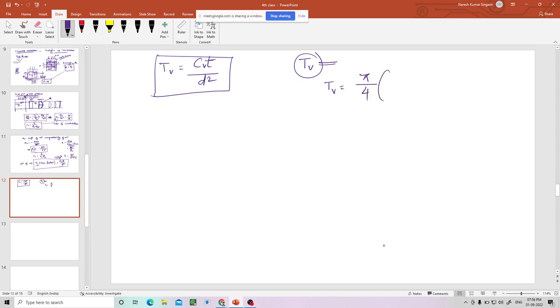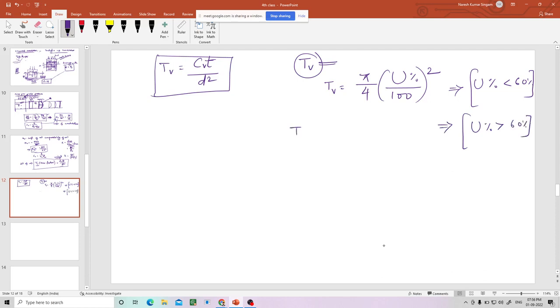TV equals pi by 4 into U, the percentage of the consolidation, divided by 100, whole square. You can apply this formula when the percentage of the consolidation is less than 60%. When it is greater than 60%, there is another formula which you also have to remember for your GATE exam.